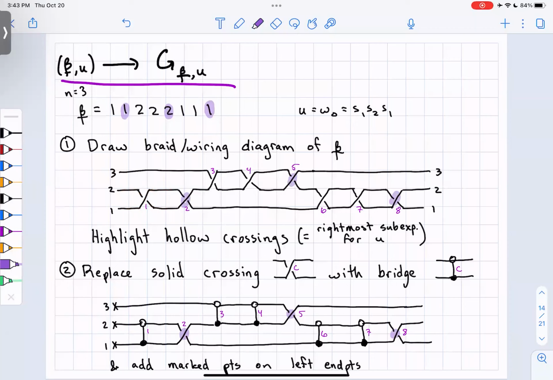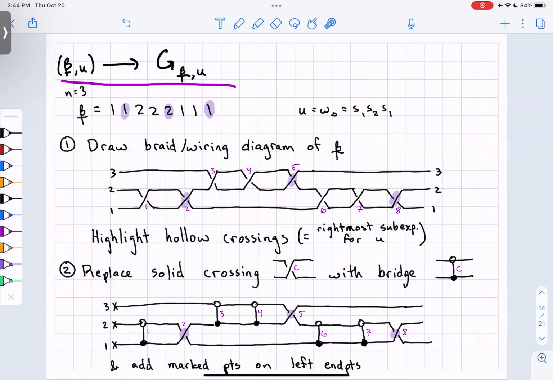And then how do I get a graph? All I do is take each one of my solid crossings and replace it with a little white black bridge. Really easy, right? I also add marked points on the left endpoints of all of my strings. So that's the bicolored graph.